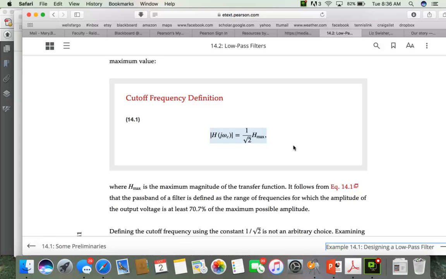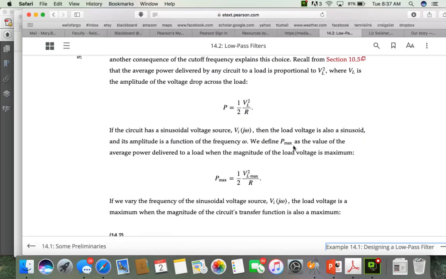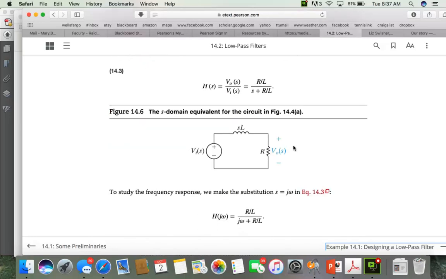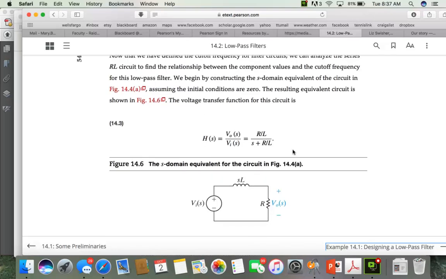There is often what we refer to as a gain, but in this case, the gain is not considered when evaluating the transfer function. So we will talk about systems that have a gain or an attenuation shortly. This is just some material about how the cutoff frequency is the maximum power transfer.